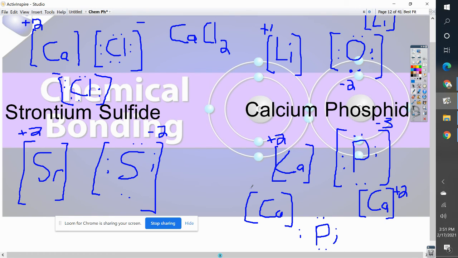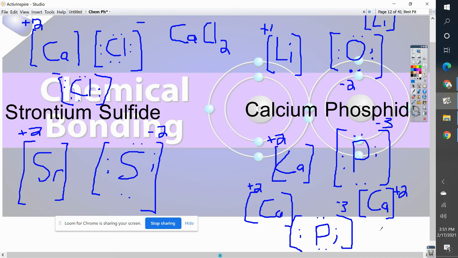This calcium lost 2 electrons, they're negative, so minus a -2 is +2. And this phosphorus down here is a -3. So notice they're -3 is -6. 2 + 2 + 2 is +6. The charges balance out. So what is the formula? I forgot to do it over here.